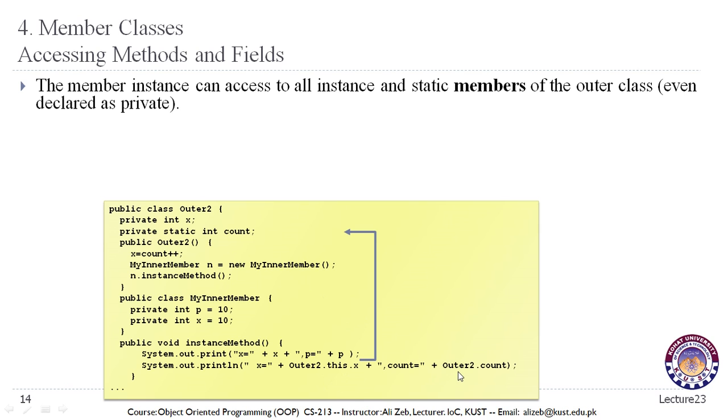We can access both the private member and the static member of the outer class. As we can see, we can print the values of the inner class itself and of the outer class as well.